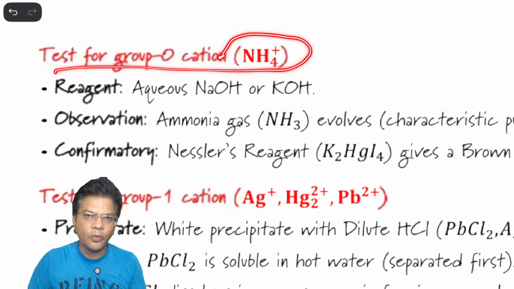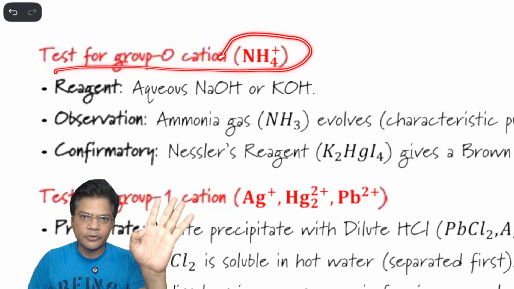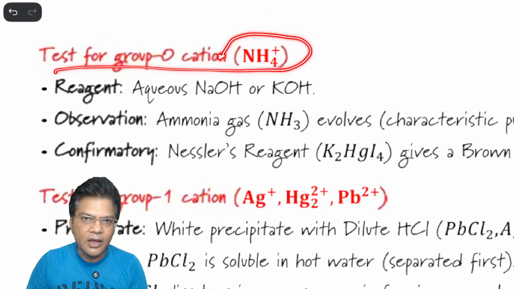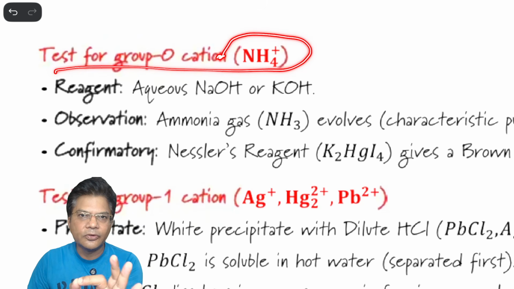Interfering means whenever there is a get-together and there is a disturbing candidate, you will say, hey, let him eat and let him go, let him sleep. Okay, then we will enjoy. So the ammonium radical is an interfering radical. First of all, we are going to deal with it, and that's why it is kept in zero group.